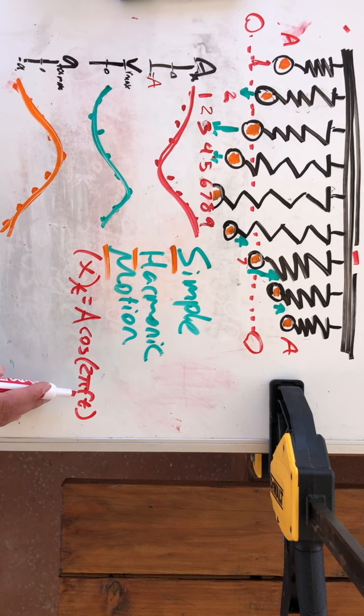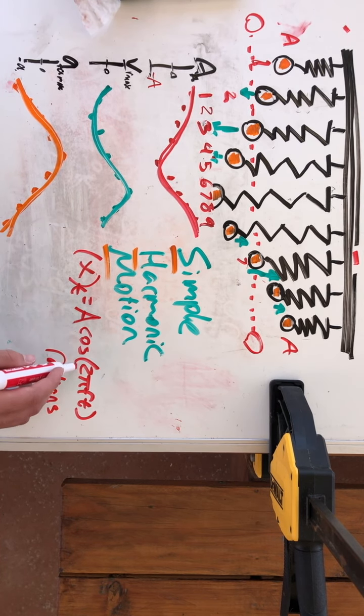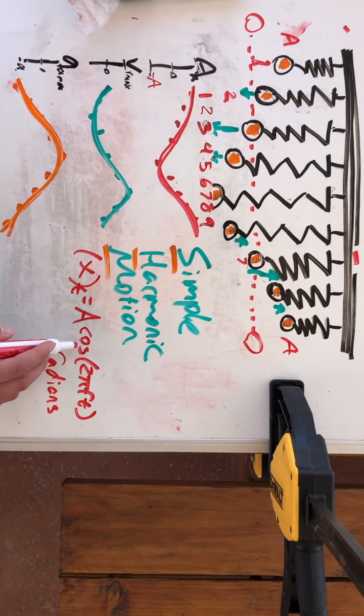We should know that from the rotation unit, and that is frequency. So 2 pi times f, that's also going to be in radians. We're going to be working in radians for this, so to make sure this cosine function works properly, you're going to want to turn your calculator into radians mode.